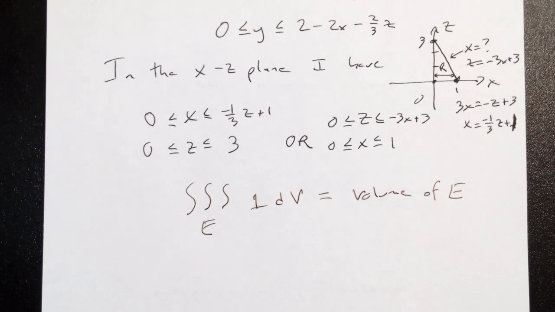If you have a density function, then you can do mass, moments of inertia, center of mass, probability density. All of the applications we did last week work in triples as well. And they're more meaningful to physics. Mass, center of mass, moments of inertia in 3D are more accurate and more meaningful than they are in 2D because we live in a 3D world.